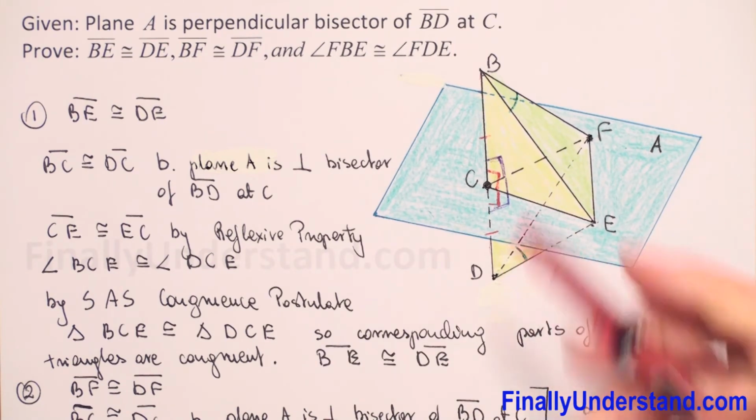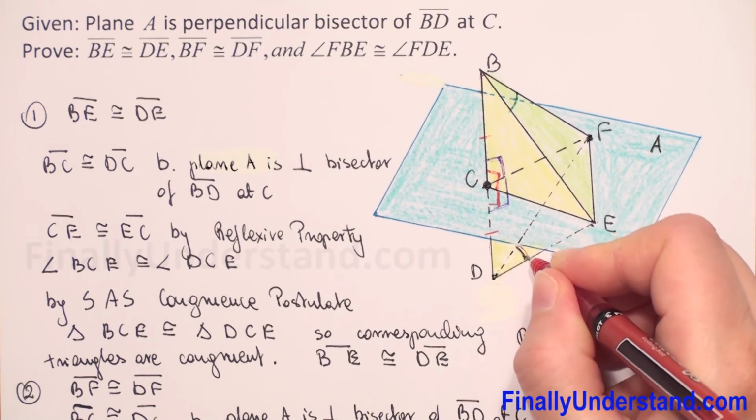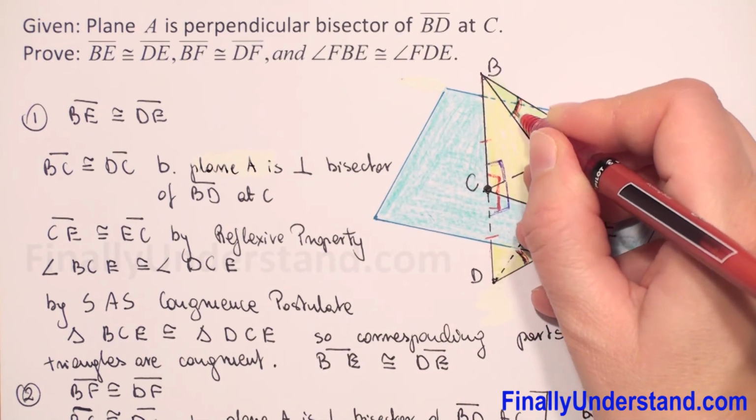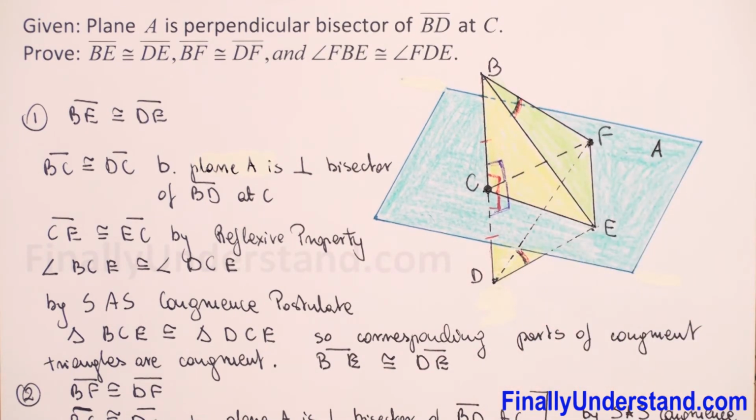Let me use maybe red color. This angle is congruent to that angle. We already showed that BE is congruent to DE.